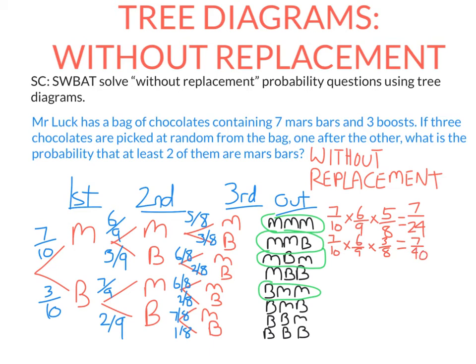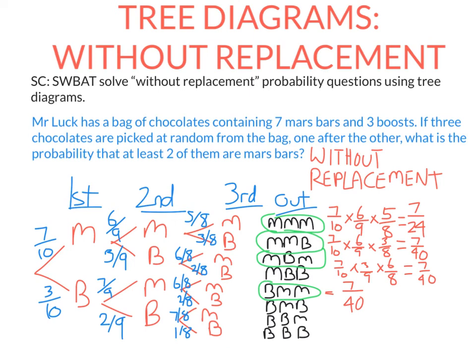Now, the next one, Mars bar, Boost, Mars bar, is 7 over 10 times 3 over 9 times 6 over 8. But just notice the numbers are the same. On the top, we have a 7, 6, and 3, and on the bottom, a 10, 9, and 8. So these actually have the same probability of occurring. For the last one, I don't need to work anything out. I know it will be 7 over 40 as well.